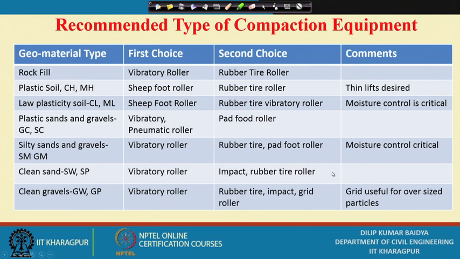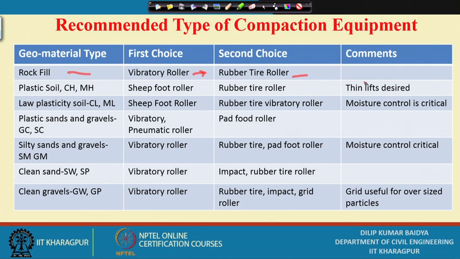Then there are recommendations on what type of compaction equipment should be used for what type of soil, as some guidelines. If it is rock fill, your roller type is vibratory, or rubber tire roller as second choice.